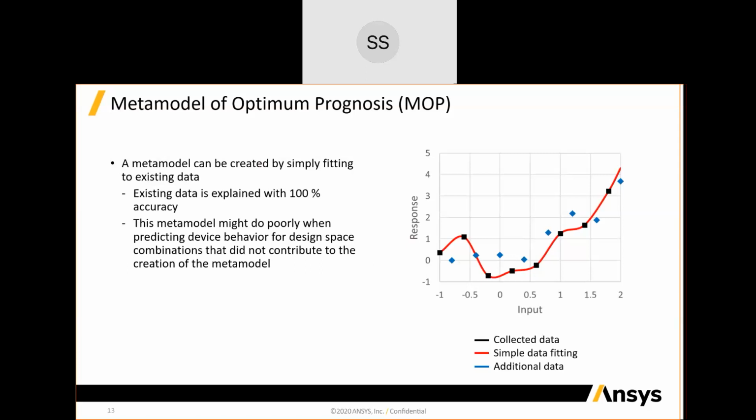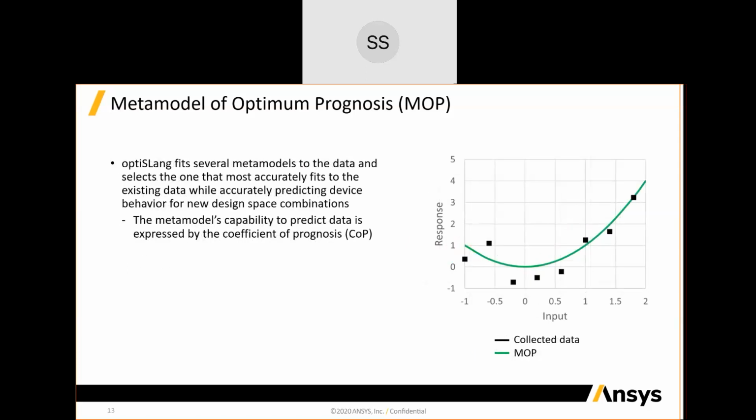And so optiSLang takes a different approach to creating the meta model. We actually have multiple meta models that we can use, anything from a linear model, a quadratic polynomial could be fitted to the data. We have Kriging models. There's also more advanced models that are based on machine learning, all just in the scope to create a good way to predict what data could look like for certain inputs of our design.